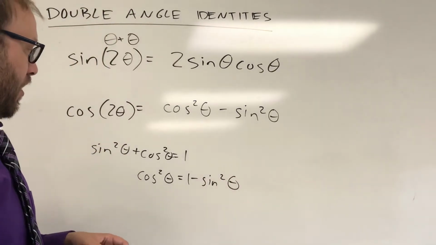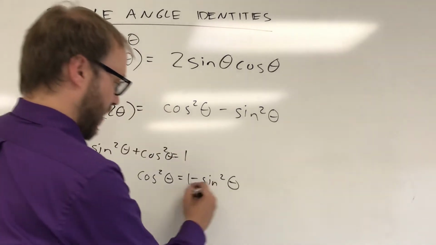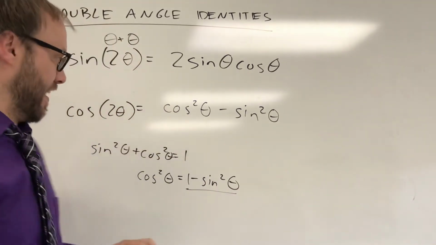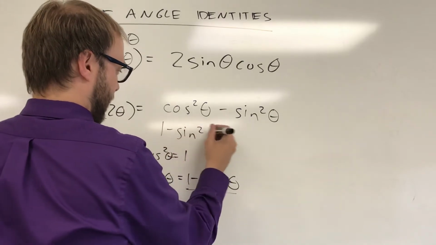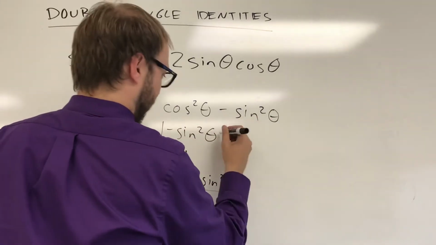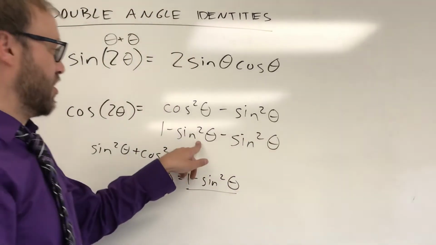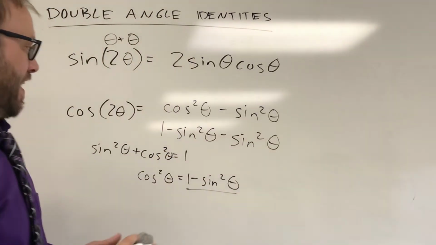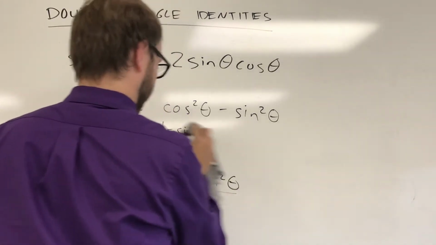Okay, so I could go into this statement up here and replace the cosine squared with a 1 minus sine squared of theta. If I replace this with a 1 minus sine squared of theta, and then I subtract another sine squared of theta, what you'll notice here is I have 2 sine squared of theta values. So that would be 1 minus 2 sine squared of theta.